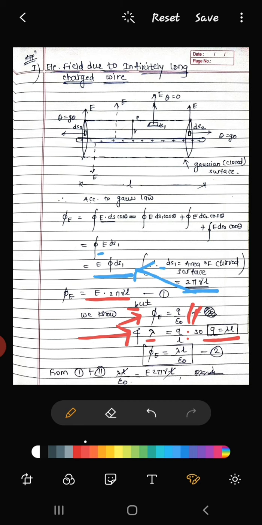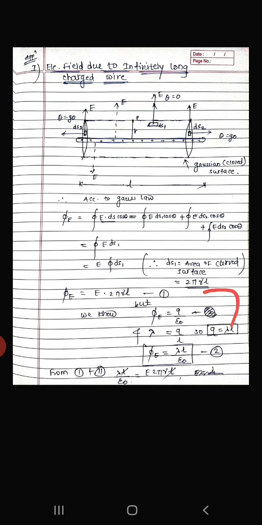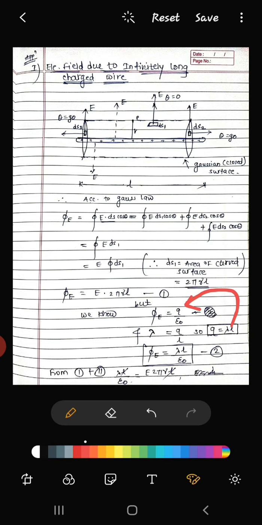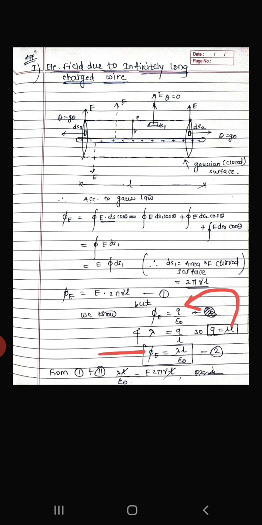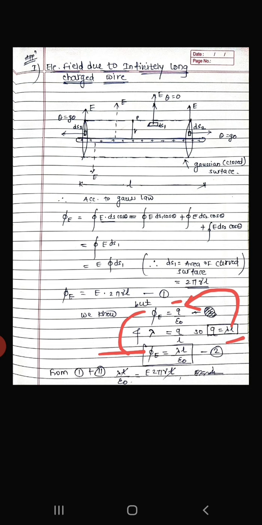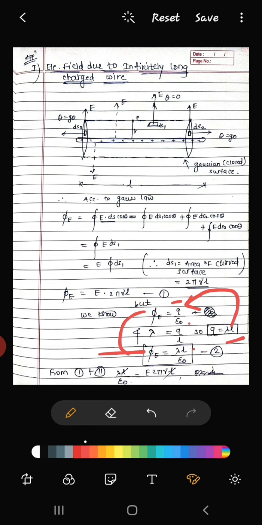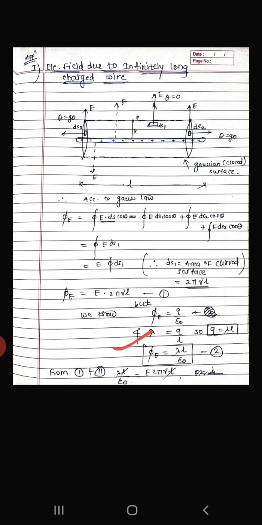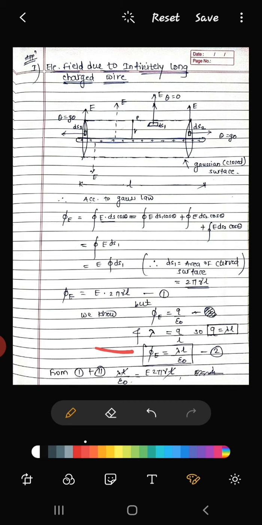Putting this value of Q in the equation, phi E is equal to, instead of Q we write lambda L, divided by epsilon naught as it is. So we get the equation phi E is equal to lambda L upon epsilon naught.